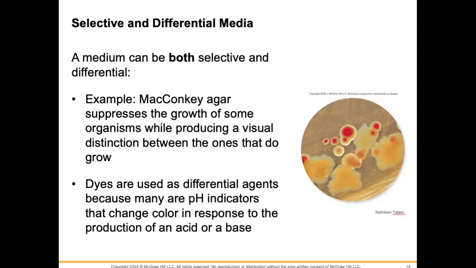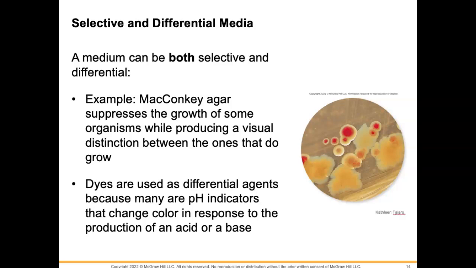An example is MacConkey agar. I may ask you to give me an example of a selective and differential media, and the answer I'd be looking for is MacConkey. What it does is suppress the growth of some organisms while producing a visual distinction between the ones that do grow.